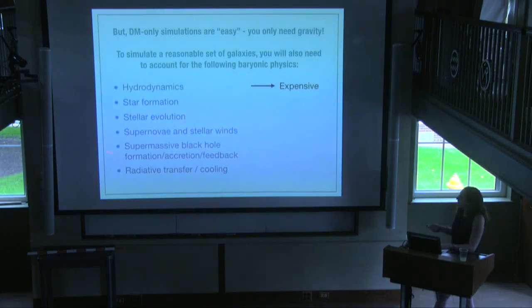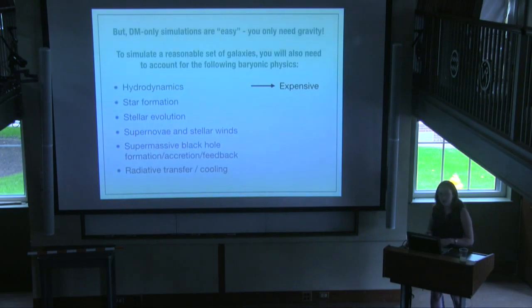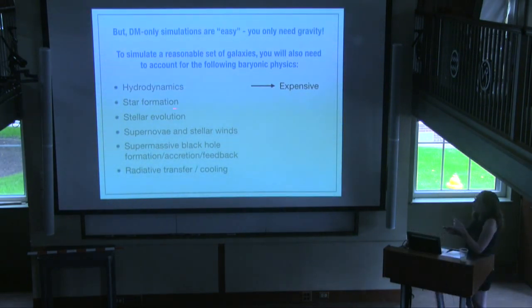Now you may have noticed that these next four bullet points, star formation, evolution, supernovae, black holes, are all full-fledged subfields of astronomy in their own right. So there are people who work on star formation simulations and stellar evolution simulations and supernovae simulations.